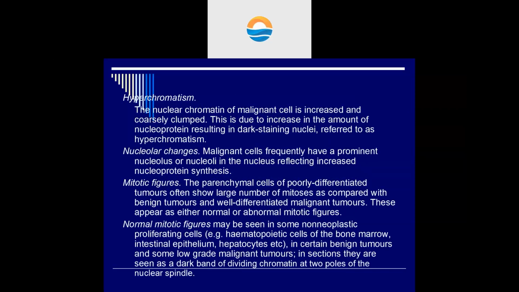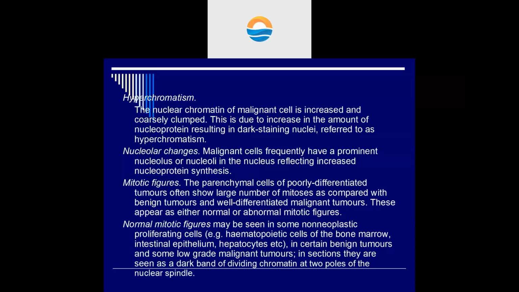Mitotic figures, also an important feature. The parenchymal cells of poorly differentiated tumors often show a large number of mitoses as compared with benign tumors and well-differentiated malignant tumors. These appear as either normal or abnormal mitotic figures.